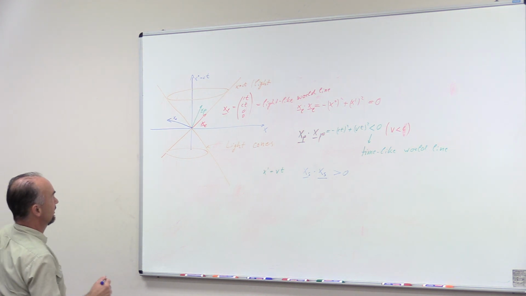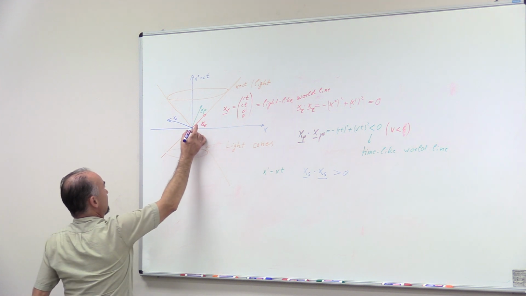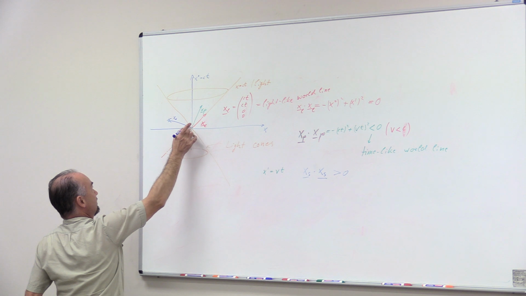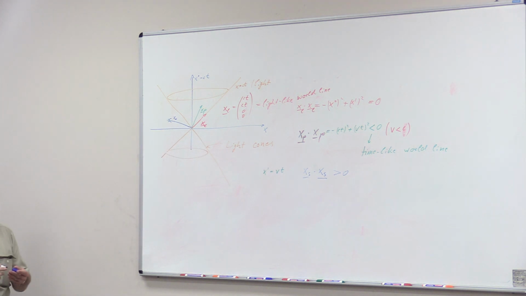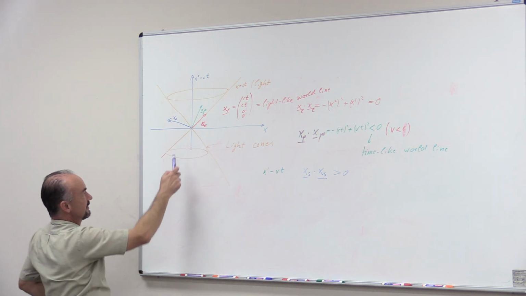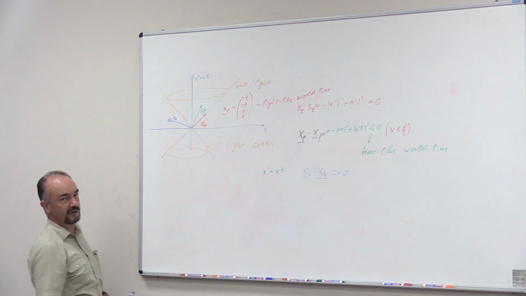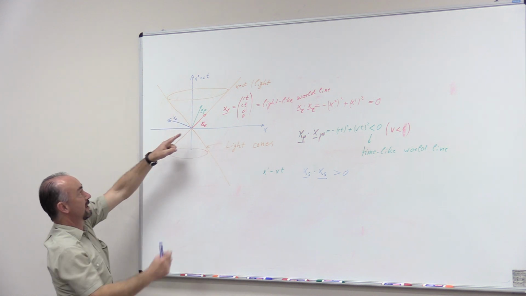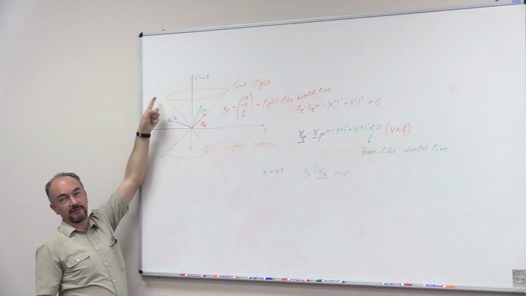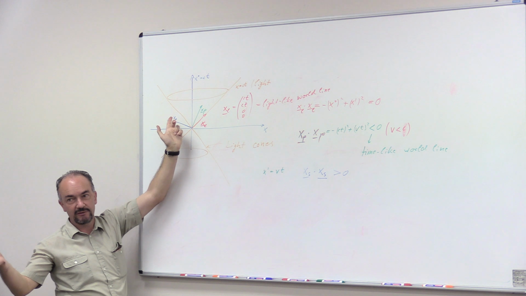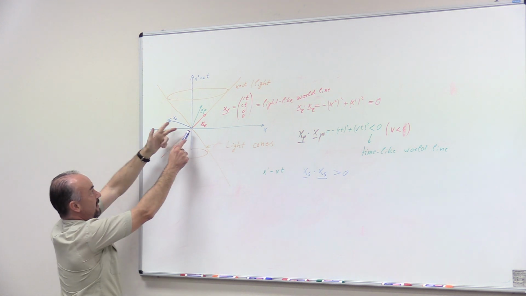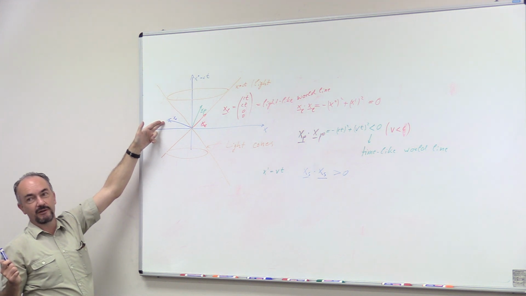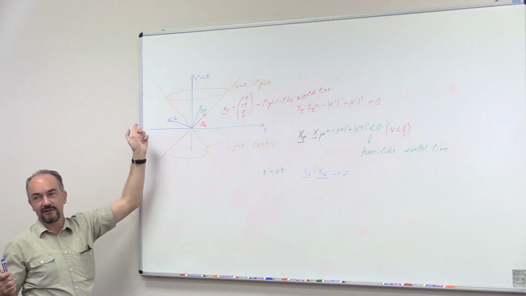That means in particular, there's no way that you can communicate in any way from this point to this point. See, the fastest way that you could send light or any information would be along the light trajectory. Nothing travels faster than light, no information travels. So there's no way that this point would ever be in contact with this point. You can't reach it physically, you can't send anything.